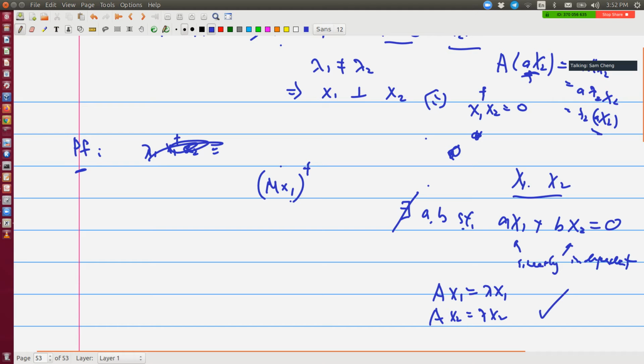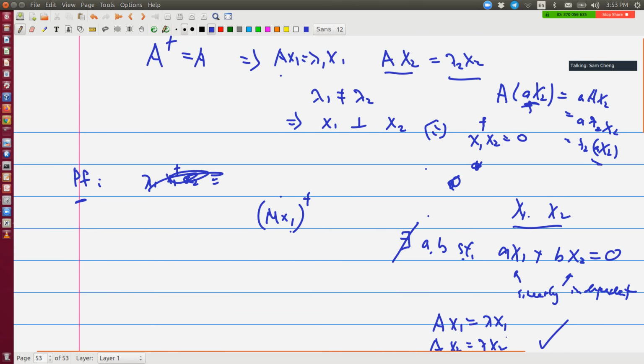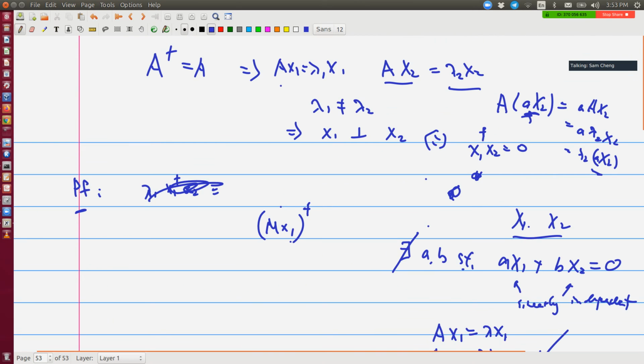It can be, it depends on the matrix. But what I want to say here is that if the eigenvalues are different, then the eigenvectors will definitely be orthogonal to one another. They are not just linearly independent, they will be exactly orthogonal.